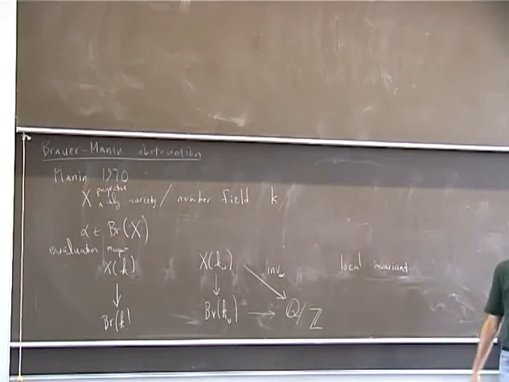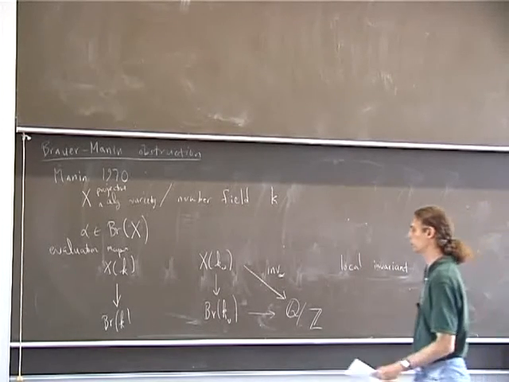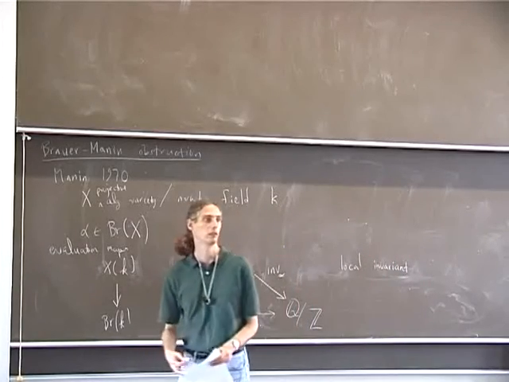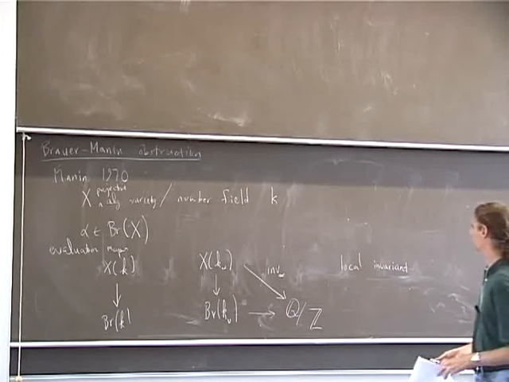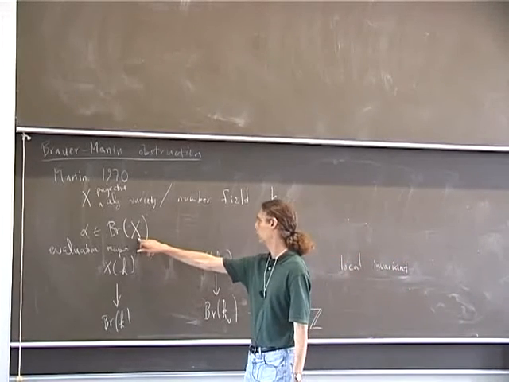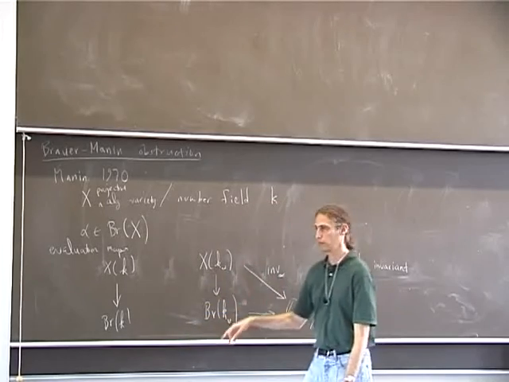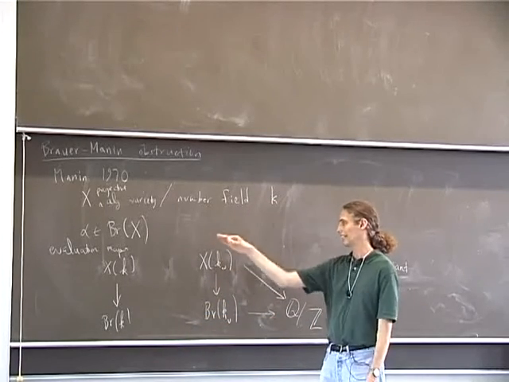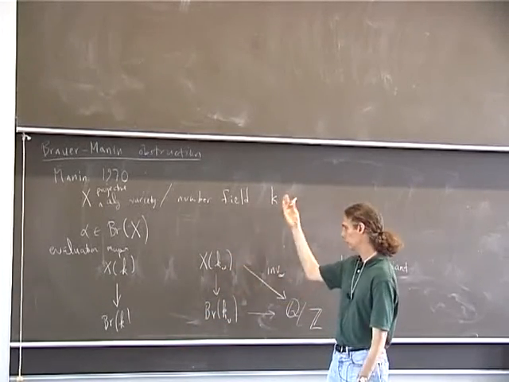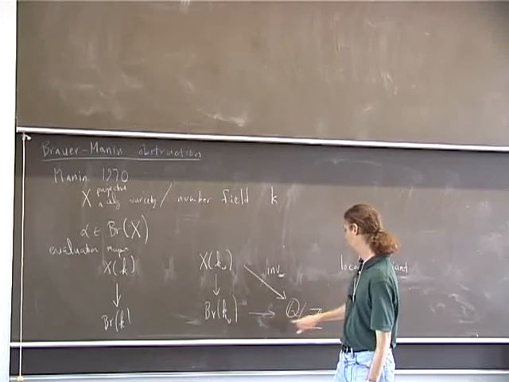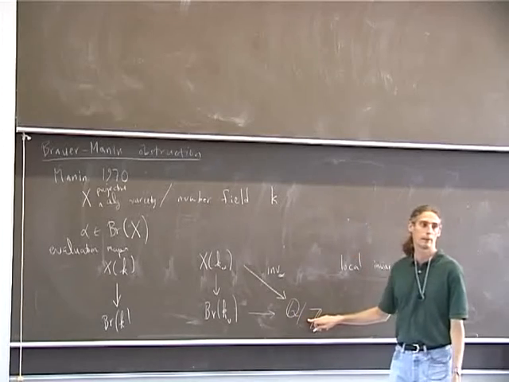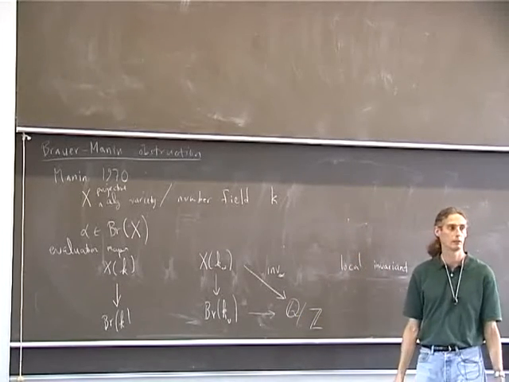So let's recall there was an exact sequence characterizing the Brauer group of a number field. Well, alpha lives in the Brauer group of X. So if you have a k nu point, then you restrict alpha to that point, and you have an element of the Brauer group of k nu. And then you apply this canonical map to Q mod Z.